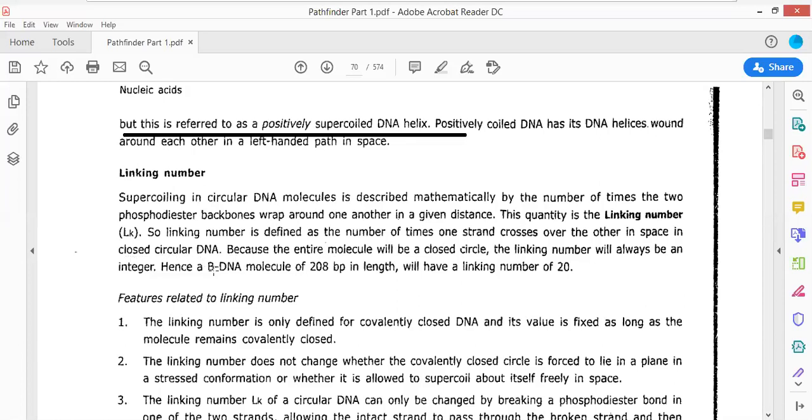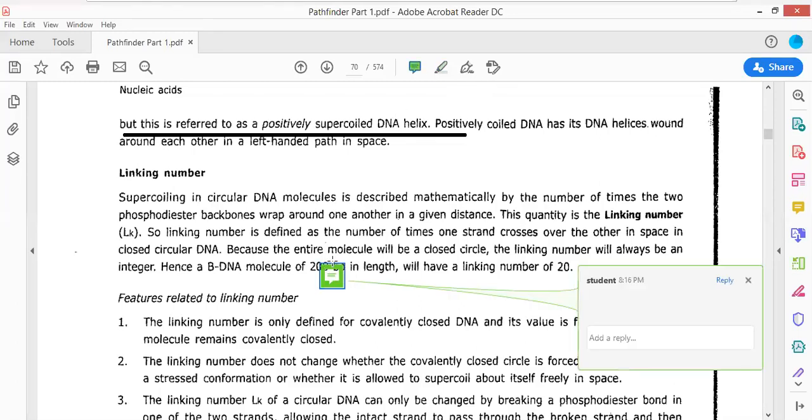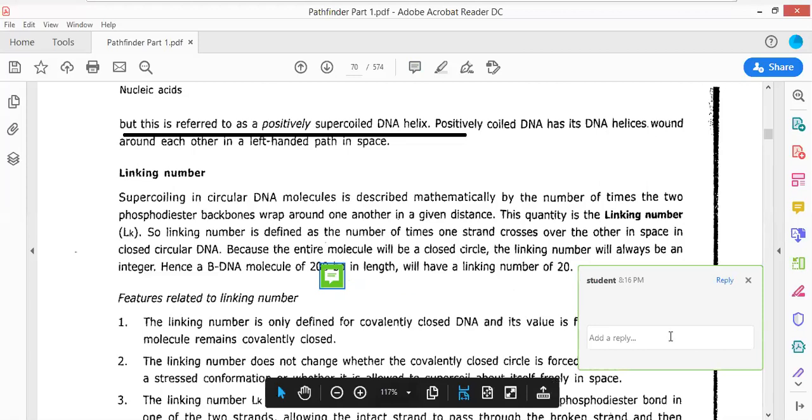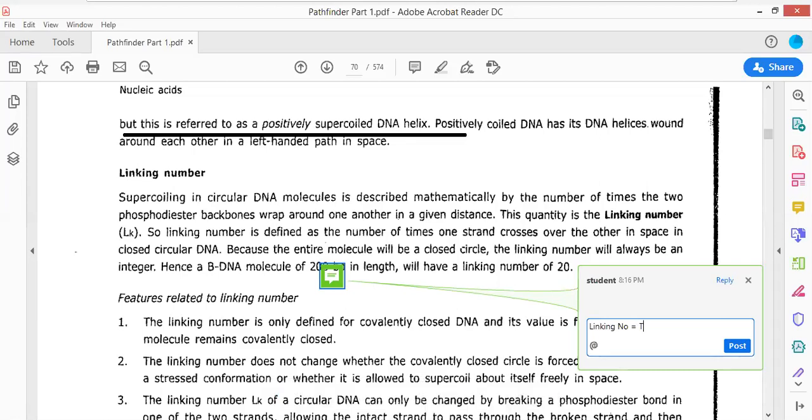Okay, so for a B-DNA, supposing 208 base pairs are there, what would be the linking number? 208 divided by 10.4. If you divide this number by 10.4, you get the linking number. Okay, so to calculate this particular thing, calculation of linking number: linking number equals total length divided by 10.4.